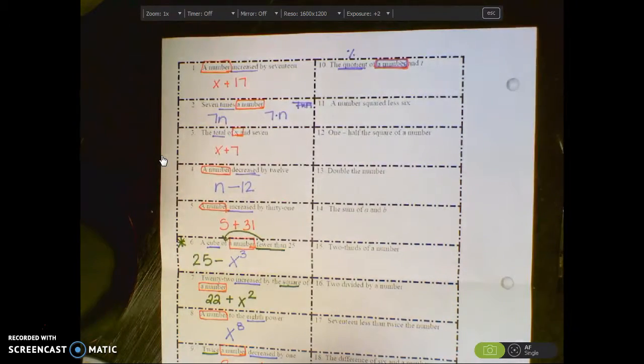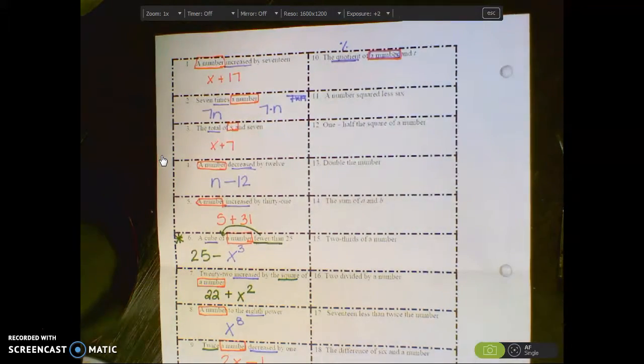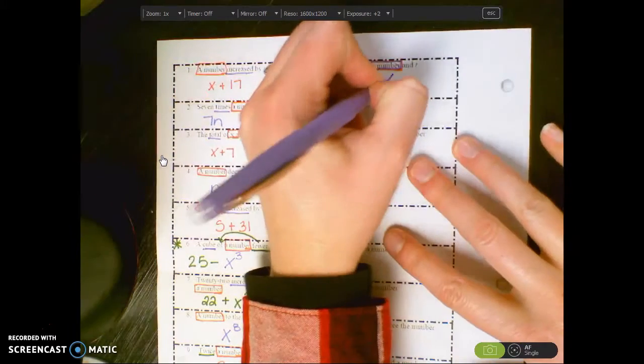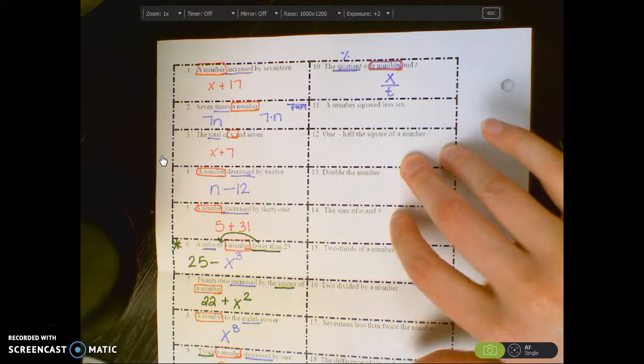And in this case, they didn't give us a number, like 25 divided by a number. In this case, they're giving us another variable. That still means we need a number to be a variable. So in this case, our answer is going to have 2 variables. It's kind of fun. X divided by t, the quotient of a number and t.